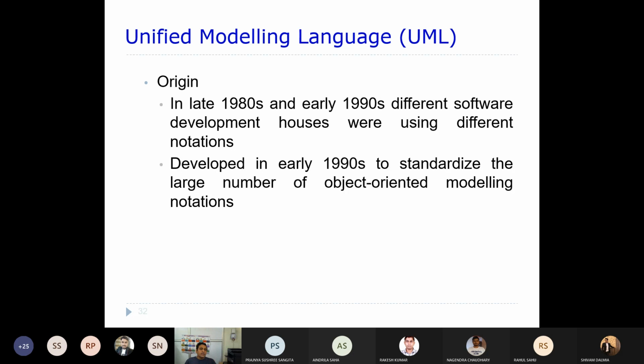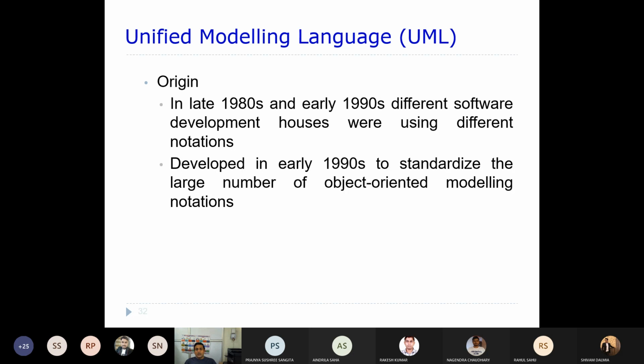It will be very easy for different organizations to integrate their work also, right? They can collaborate also. So that is the idea, that is the reason why. So around 1990s, people were using different notations, but after that, people started to standardize.